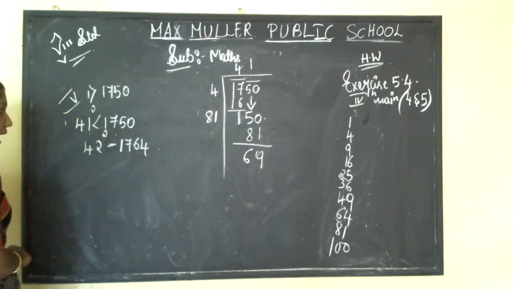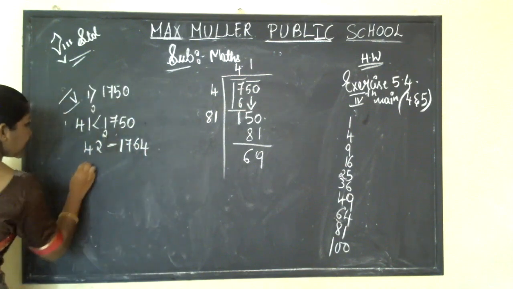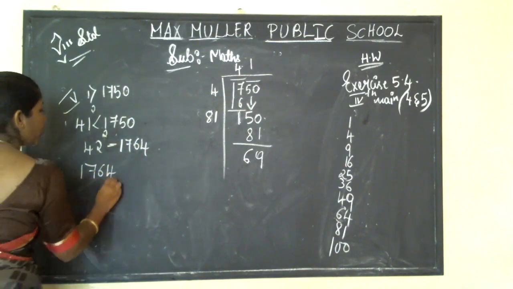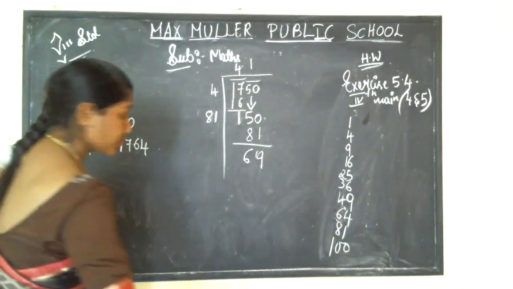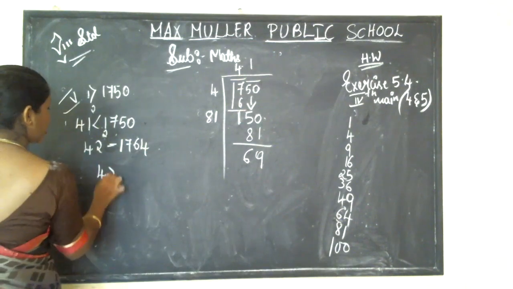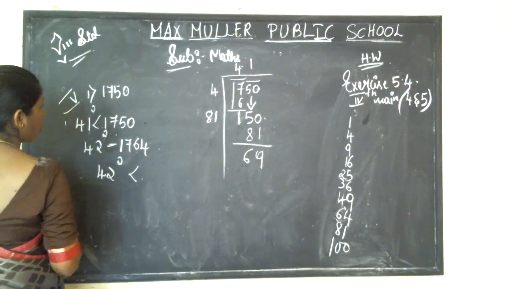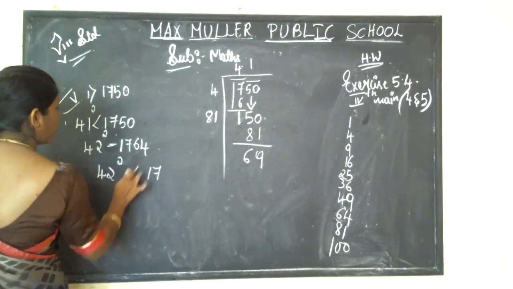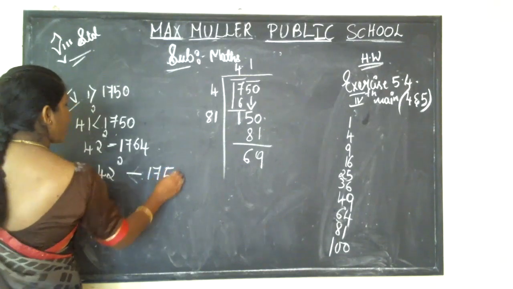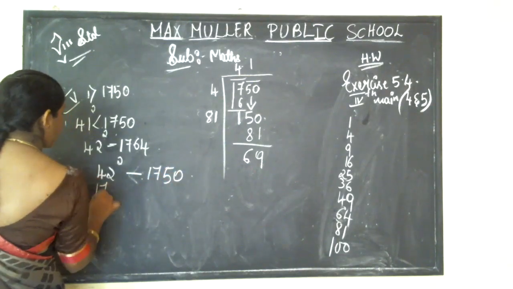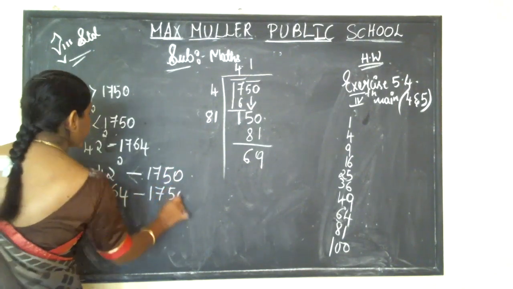Now you have to find out the difference between both numbers. You have to write here 42 square minus 1750, that is 1764 minus 1750.